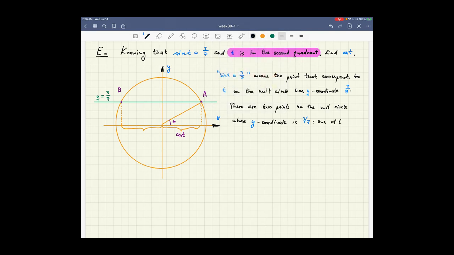One of them, that's point A in the picture, is in quadrant 1, and the other, that's point B in the picture, is in quadrant 2.